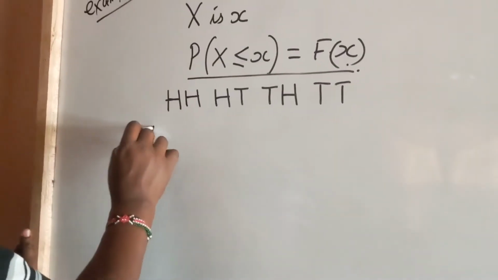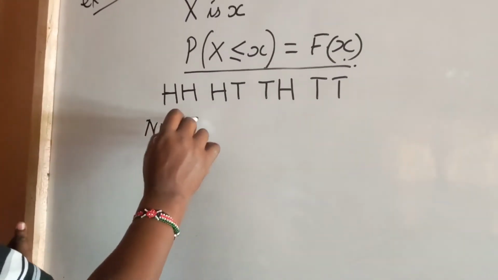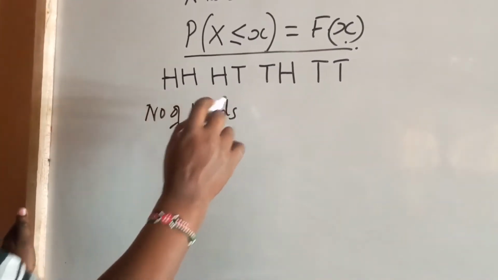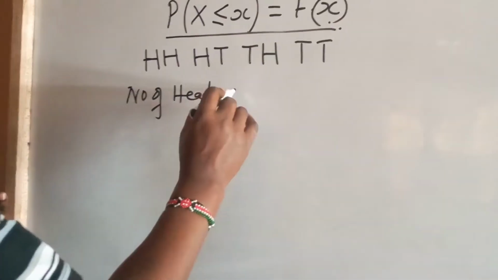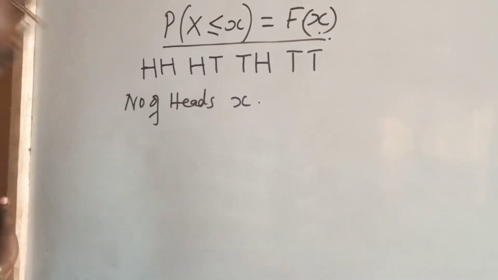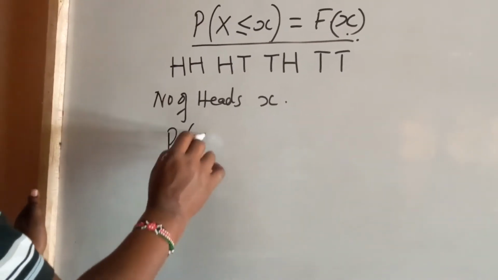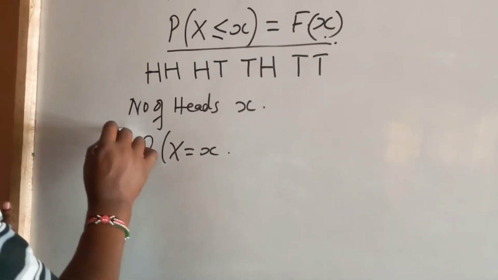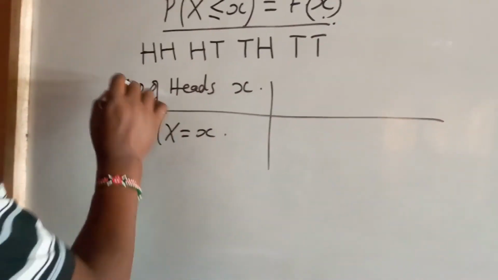What if you come up with the number of heads? The number of heads, and this is now our X. What about the probability that X is equal to x? The probability of the number of heads.